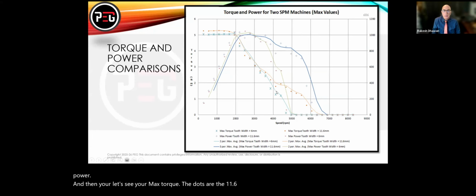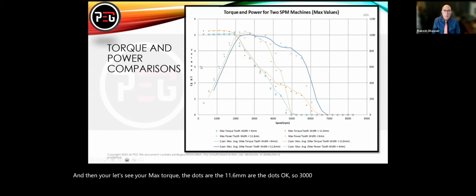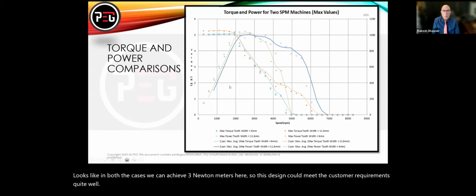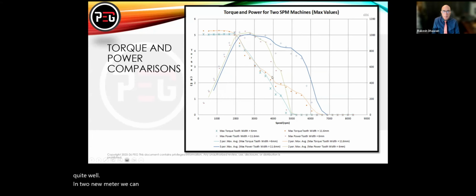At 3,000 RPM, we are achieving 3 Newton meters in both cases. So this design could meet the customer requirements quite well. At 2 Newton meters, we can have up to 4,000 RPM. So possibly with your phase advance, you can get there.